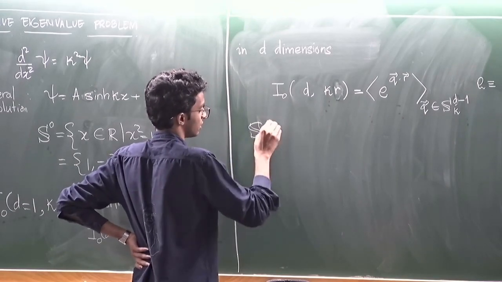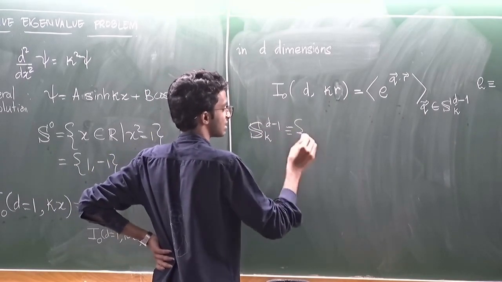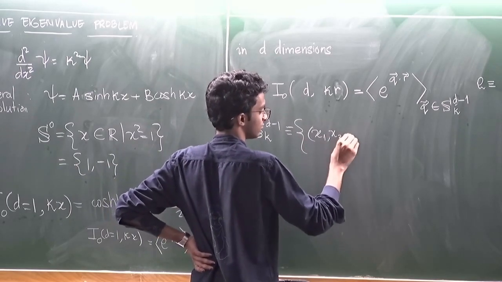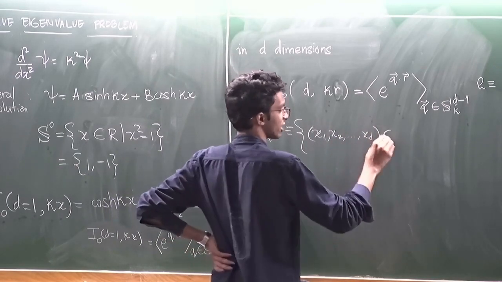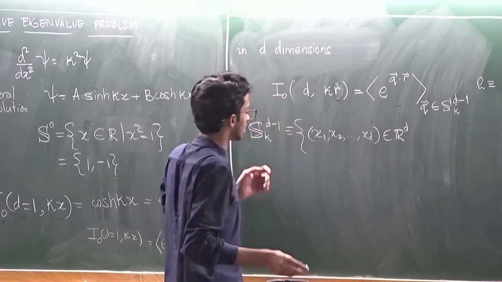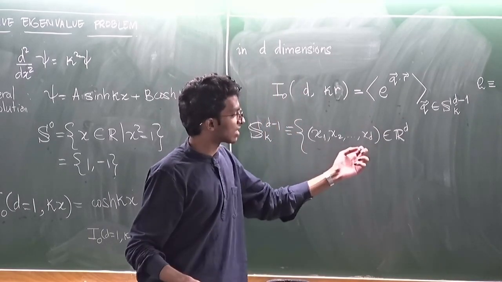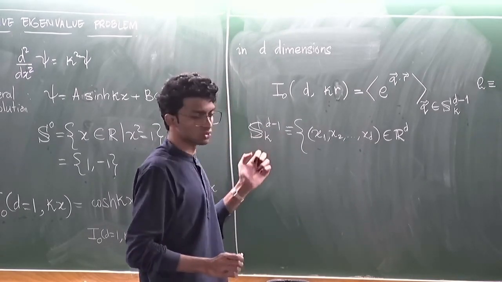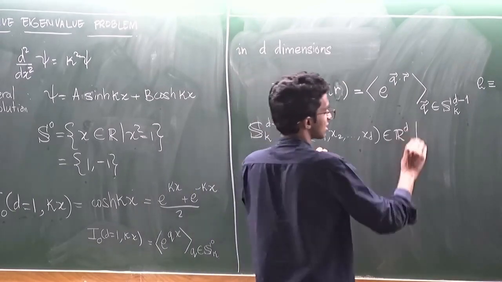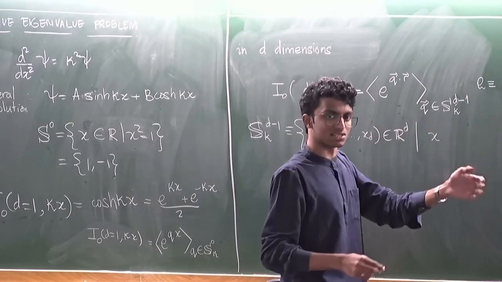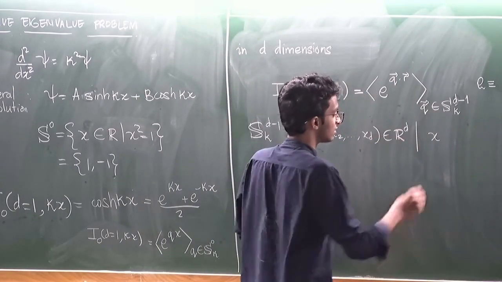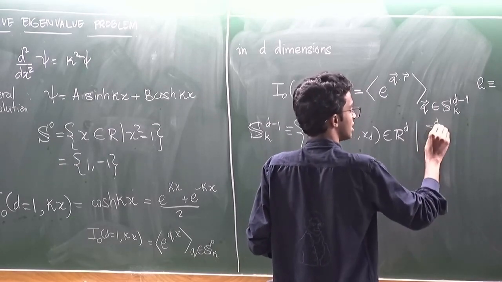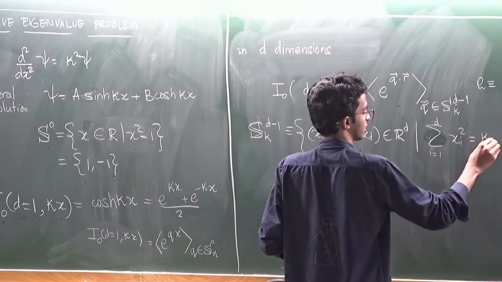First of all, S kappa d minus 1 basically is what? It's the set of all points x1 through xd belonging to Rd. Remember that if d was 3, x comma y comma z is the coordinate in R3, and the S2 or the two-dimensional sphere is just the requirement that x squared plus y squared plus z squared equal kappa squared, and in general dimension it is the sum over i equal to 1 to d of xi squared equal to kappa squared.